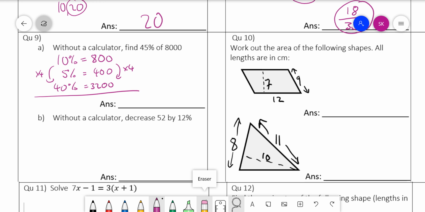And then I'm just going to add the 5 and the 40, so these two, give 45% is equal to 3,600. You could have used original times multiplier equals final, and if you'd done that, you'd have had to do 8,000 times 0.45 using Gelosia.